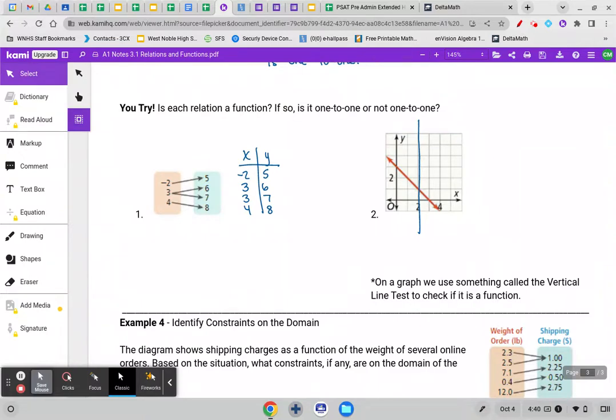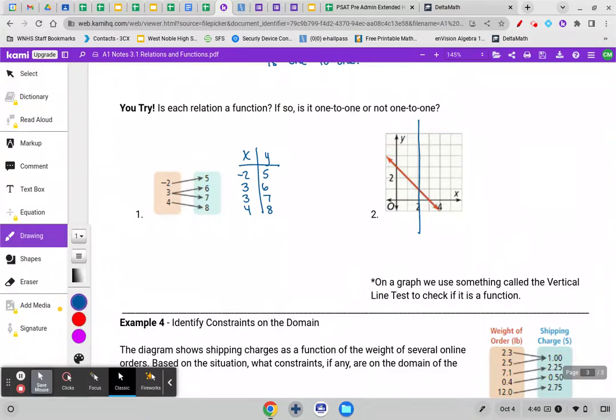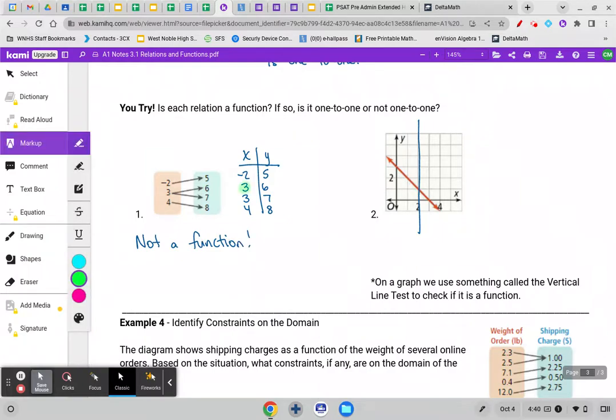All right, on this first one, hopefully you guys have that this is not a function. We have a repeated x value that goes to two different y values. See how 3 points to both 6 and 7? This means it's not a function. We cannot have this happening.